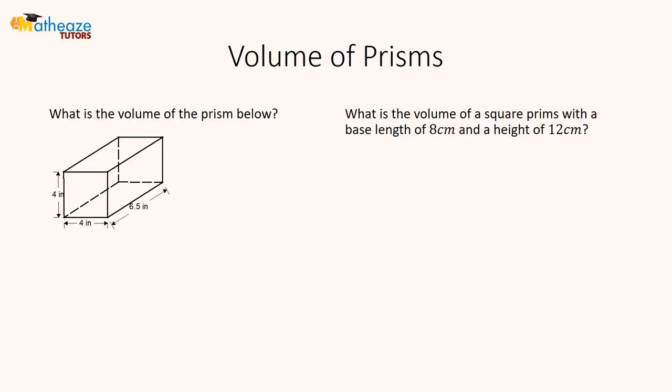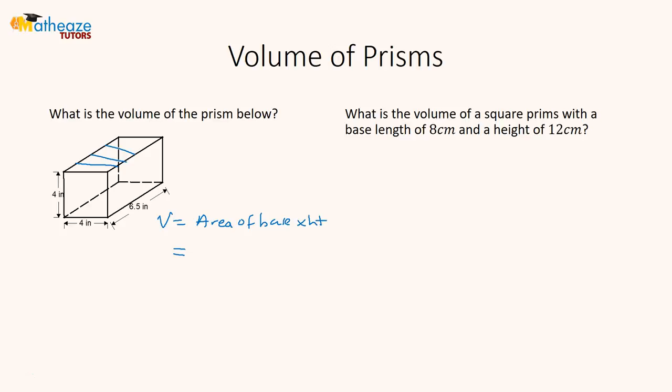So let's look at this example here. What is the volume of the prism below? We're going to first try to cut a cross section here. So you can see that everywhere we cut a cross section, we have this face right here. So the volume is area of base times height.